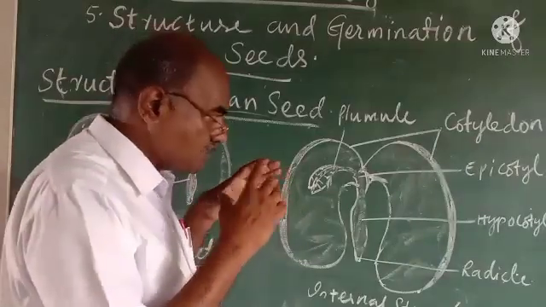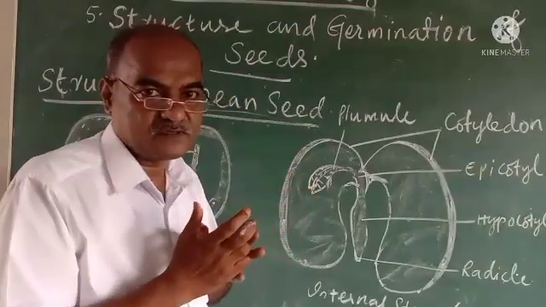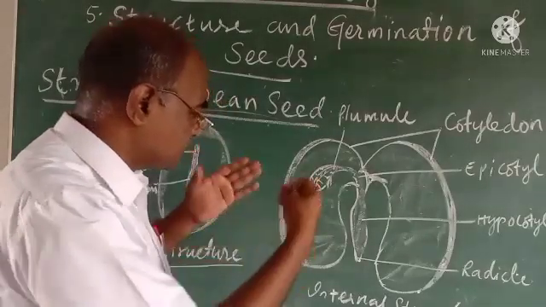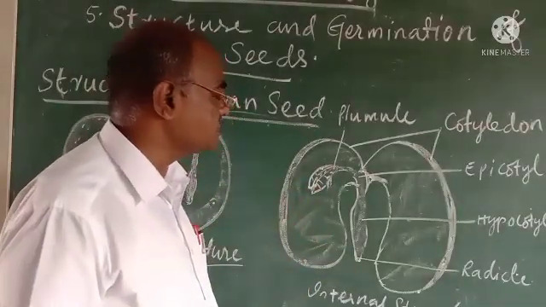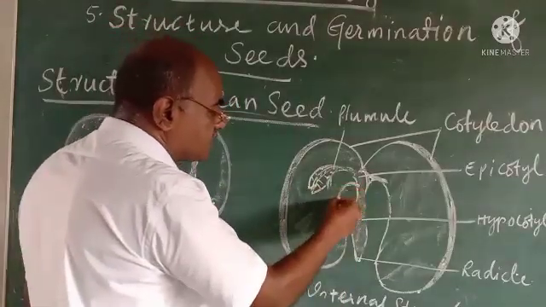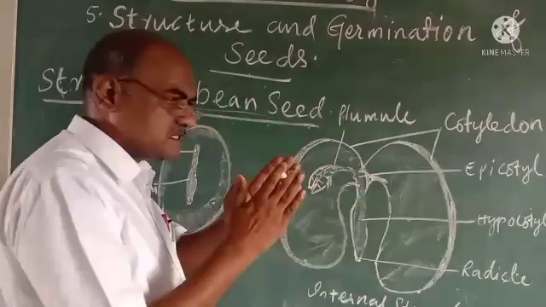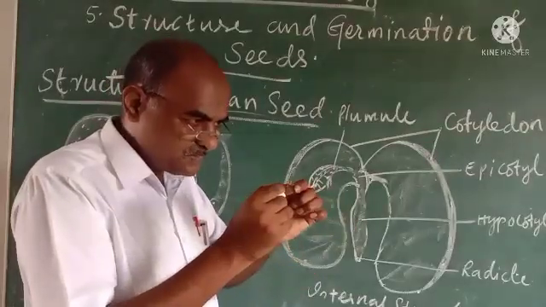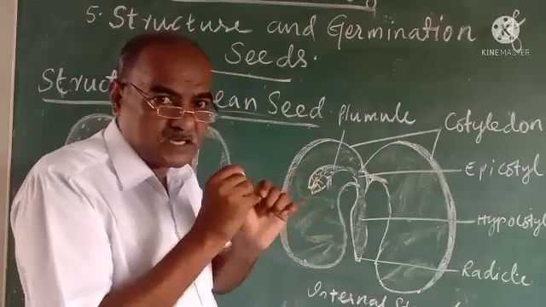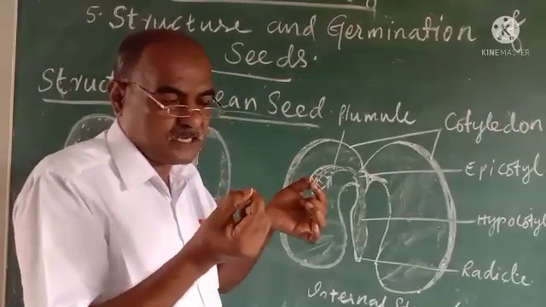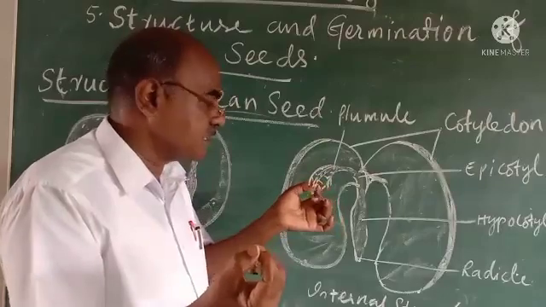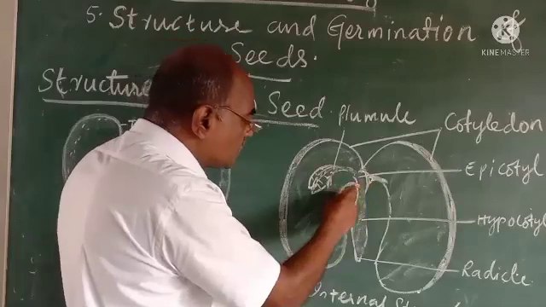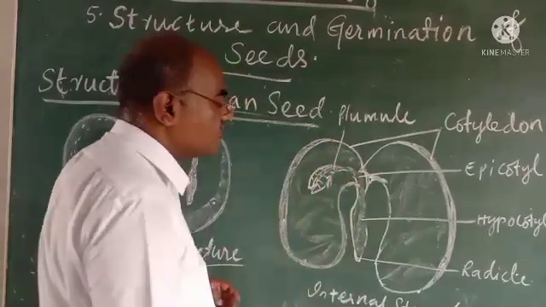At that time, when you see a section of the internal structure of the seed, two cotyledons can be found. Just take one bean seed, put it into water and try to separate the cotyledons. They can easily come out, but if separated carelessly they may be torn. Understand? The two cotyledons are where the food materials are stored.